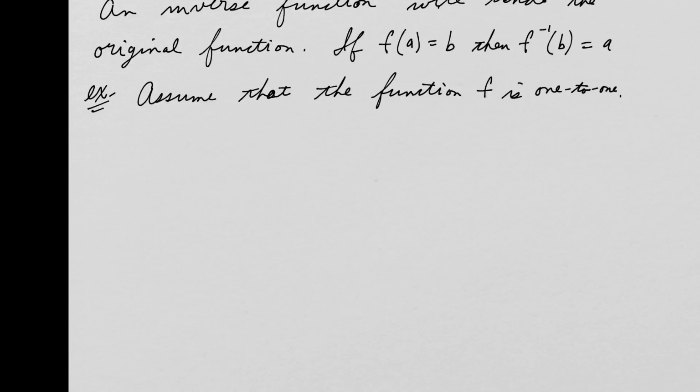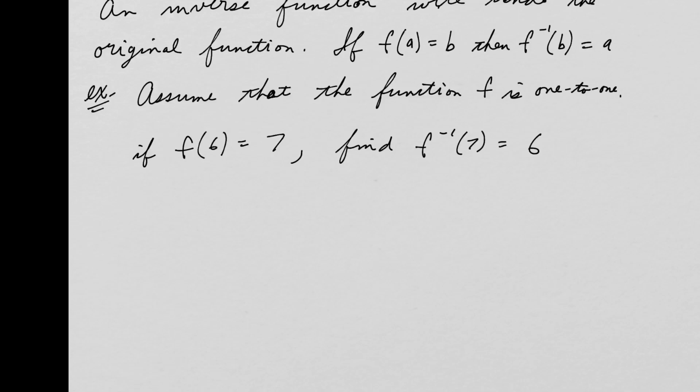So if we're told if f of 6 is equal to 7, then we want to find f inverse of 7. Well, if the input to the original function is 6 and the output is 7, if I take the inverse function of the output, right, of 7, I should get back the original input. So this should be equal to 6.